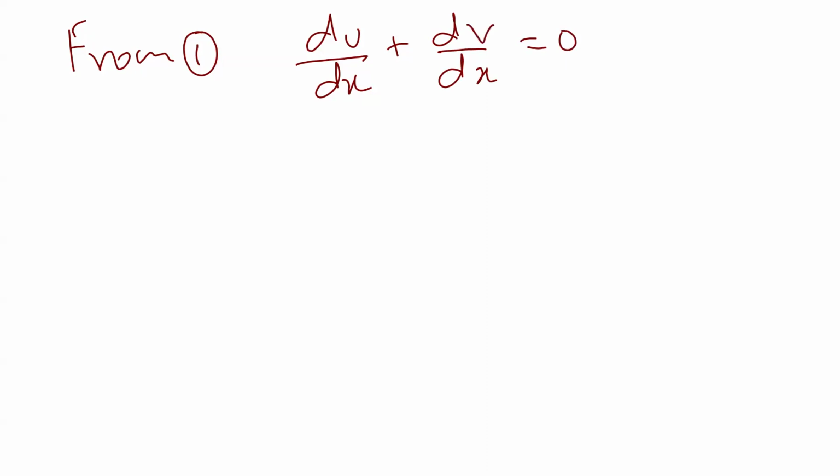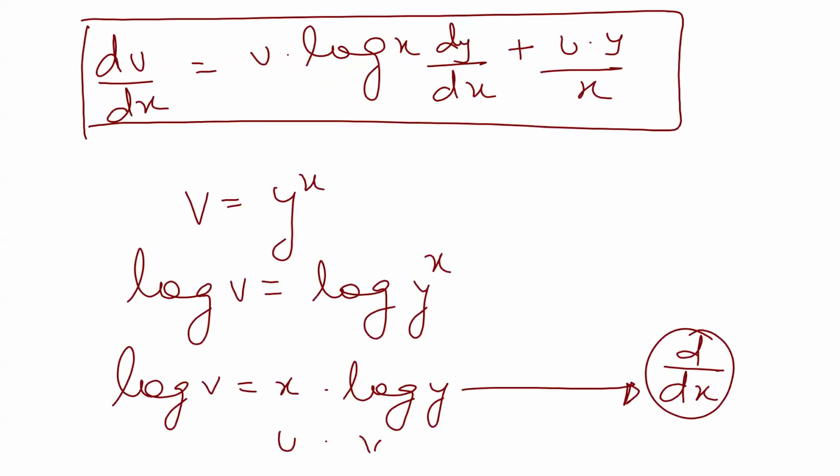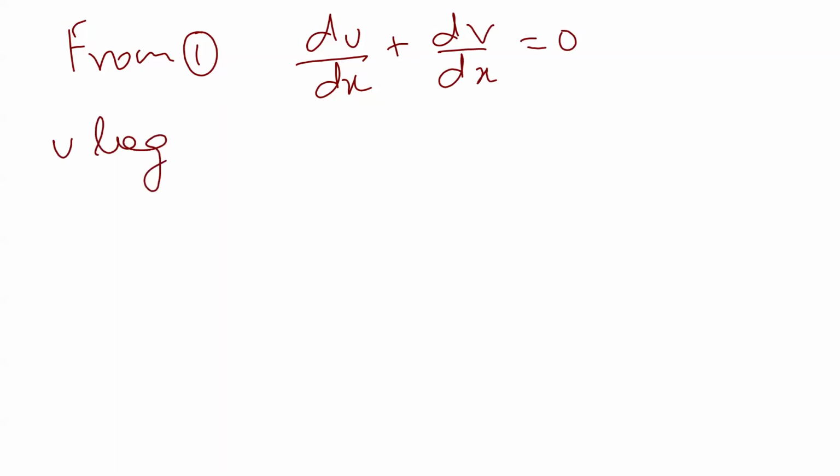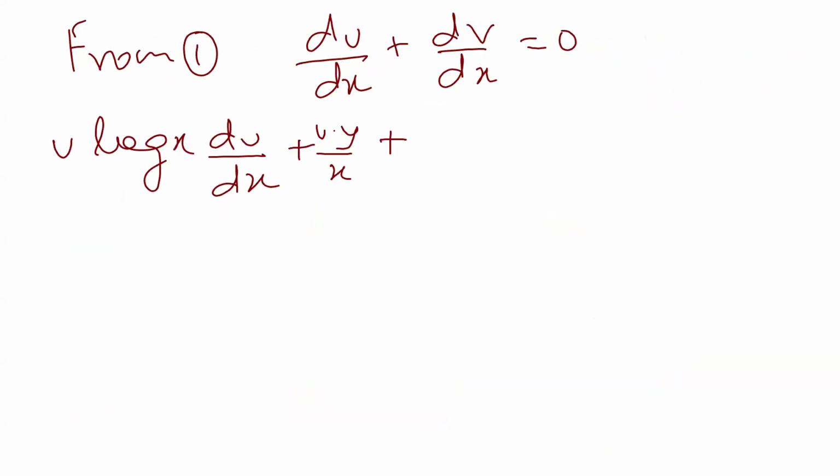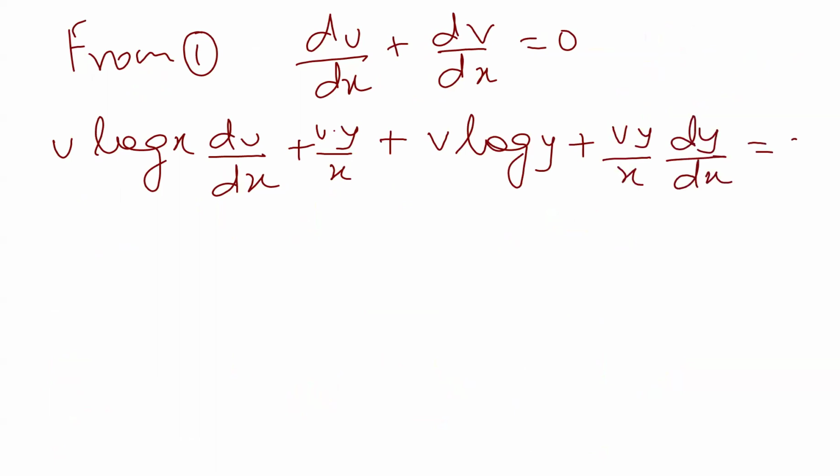What is the value of du by dx? u log x plus uy upon x dy by dx. Plus dv by dx, whose value we have over here: v log y plus vx upon y dy by dx, equal to 0.